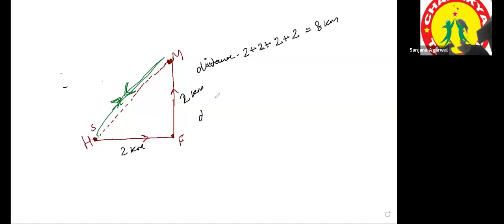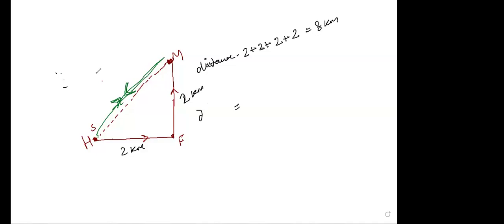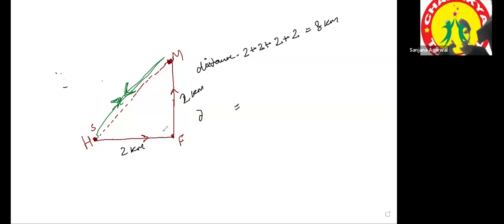Now, the distance that my sister has covered. Do you people know what the Pythagoras theorem is? Anyone? Hypotenuse, something. Yes. If we have a right-angled triangle, like here we have HF as the base of the triangle and FM as the height, then the side opposite to the 90-degree angle, that is the vertex F, opposite to this, HM, is the hypotenuse.